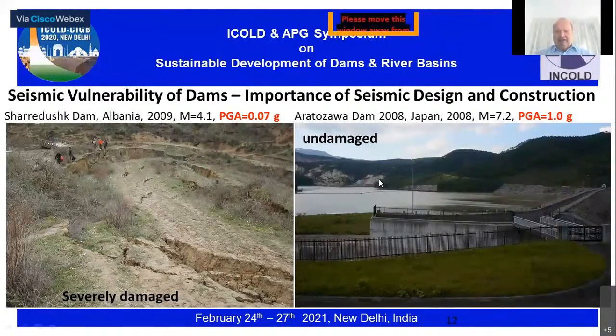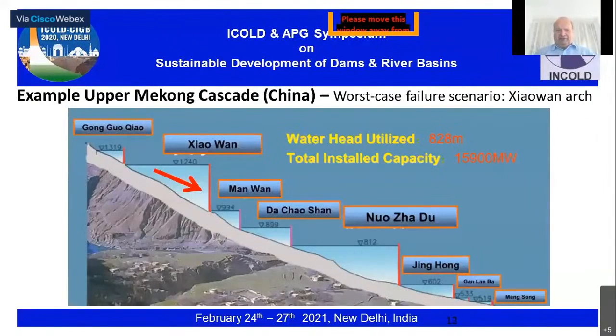On the other hand, look at the Aratozawa Dam in Japan, which was subjected to a magnitude 7.2 earthquake in 2008, with a peak ground acceleration of 1g, which did not damage it. So we can say well-designed and well-constructed dams can be very safe during very strong earthquakes, whereas poorly designed, poorly constructed dams will already fail during small earthquakes.